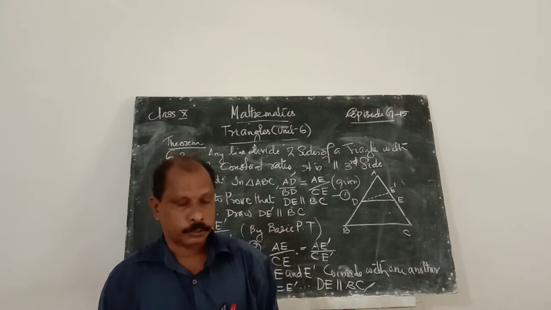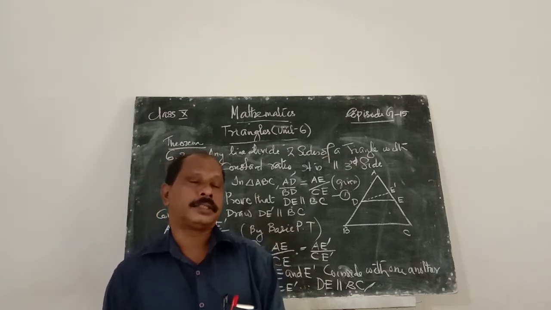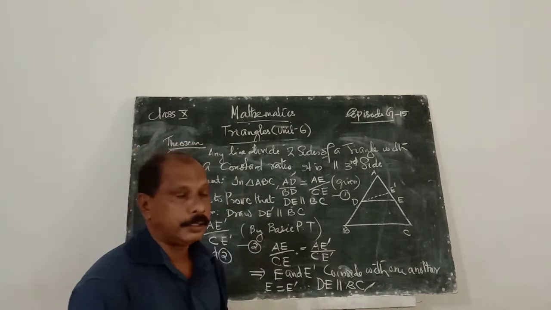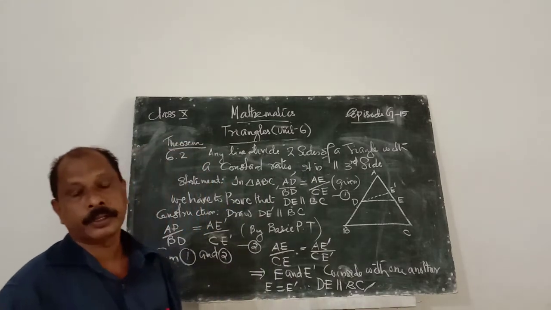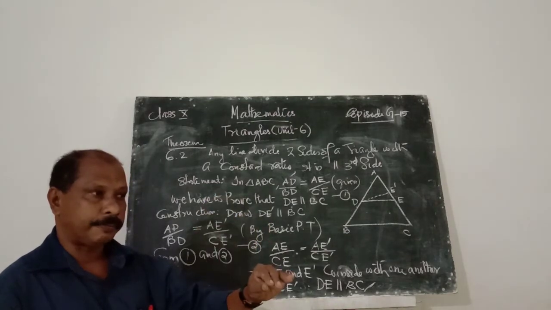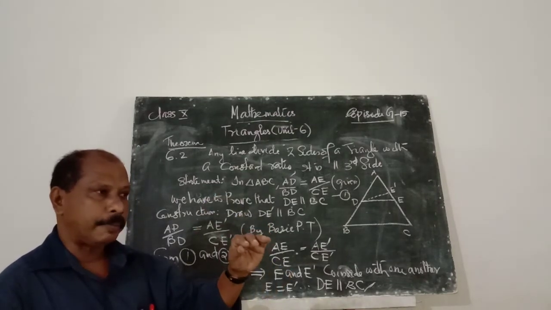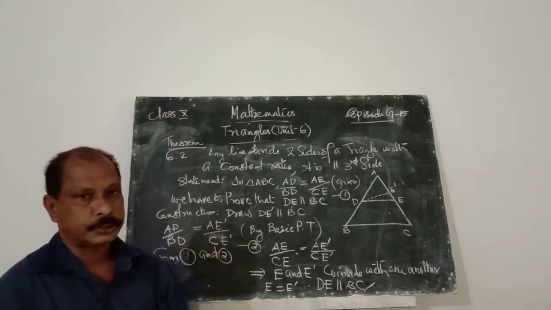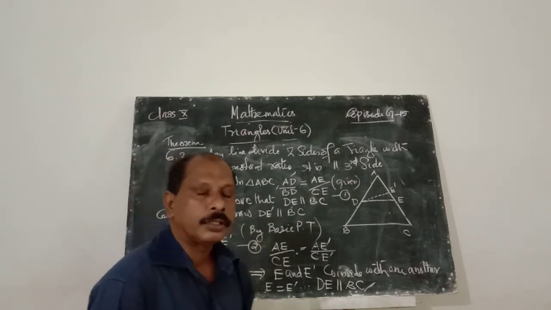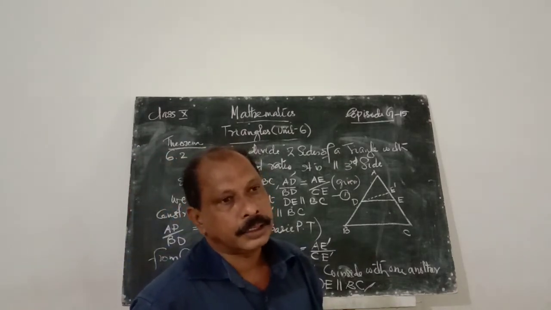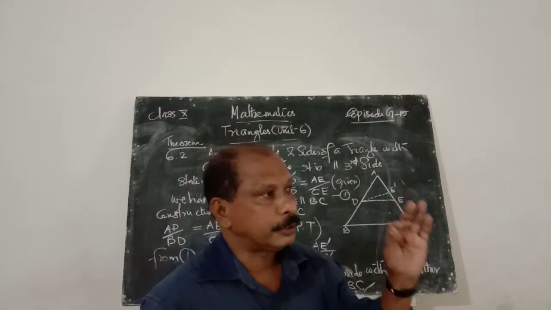To prove it, first we consider a triangle ABC and join D and E. From the statement of the theorem, in triangle ABC, DE divides the sides in a constant ratio. Therefore, AD by BD is equal to AE by CE. That is given. It is equation number 1.